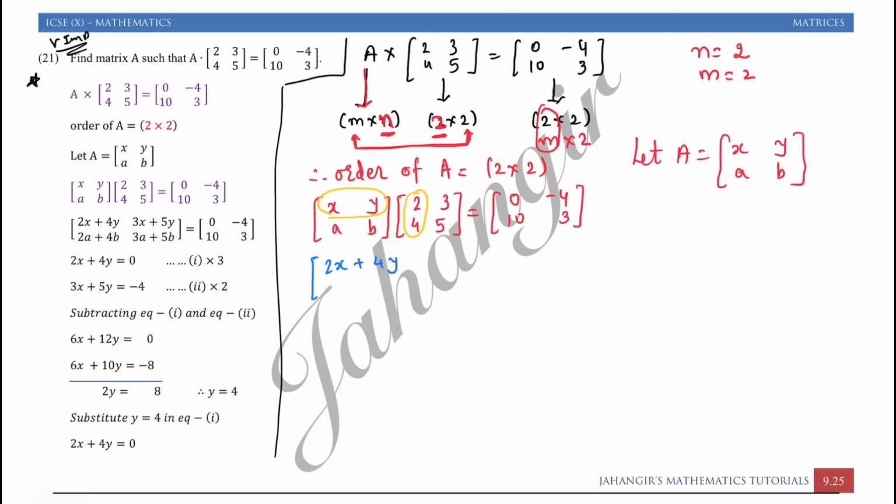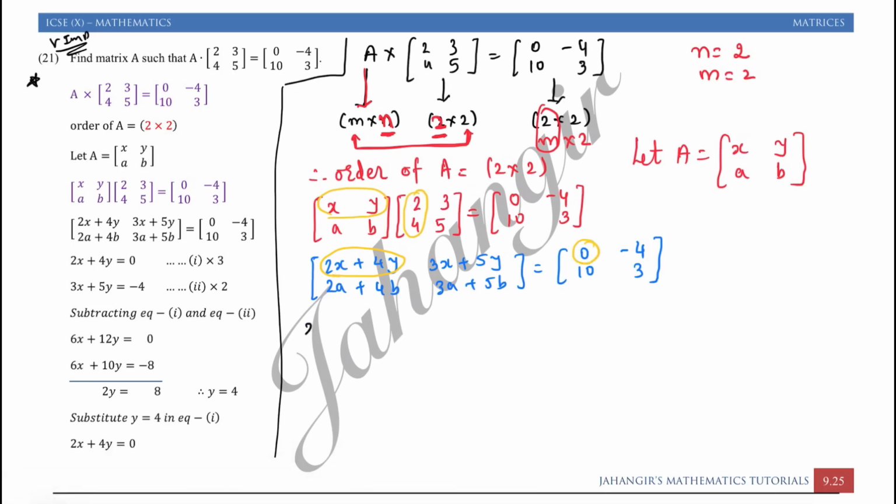Then second row, first column is 2a plus 4b. Same way with the other column. x into 3 is 3x plus 5y. 3a plus 5b. That is equal to 0, 10, minus 4, 3. So now I will just compare the matrices. This term is equal to 0.